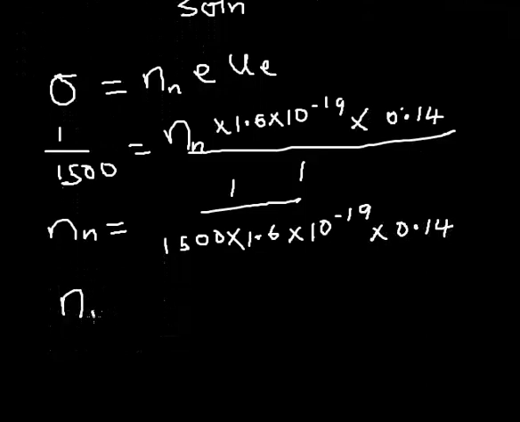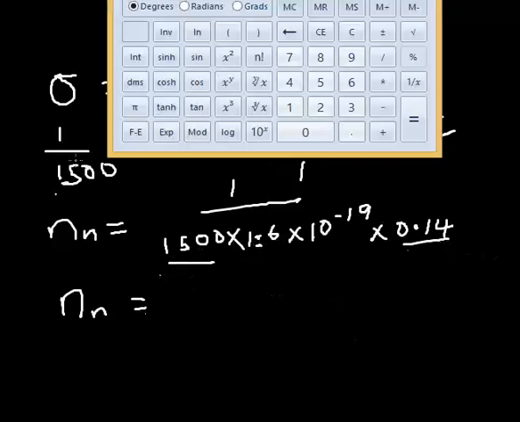So electron concentration is going to be equal to 1 divided by, bracket open, 1,500 times 1.6 times 0.14, close bracket. Then I have 0.003 approximately.